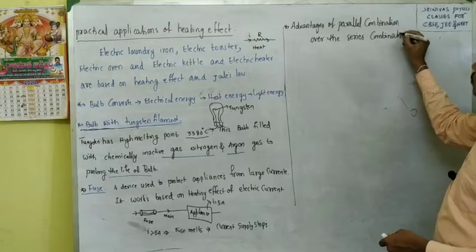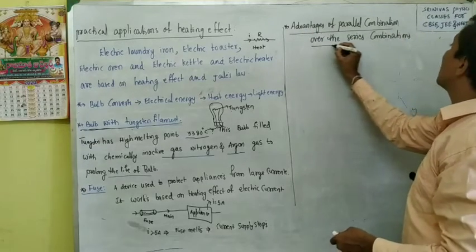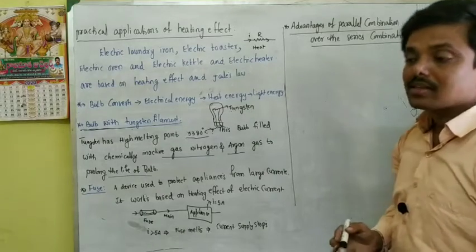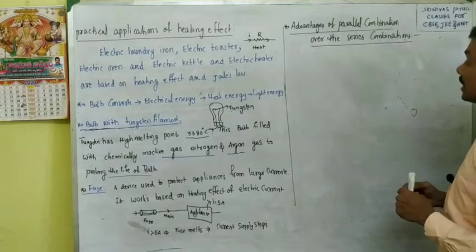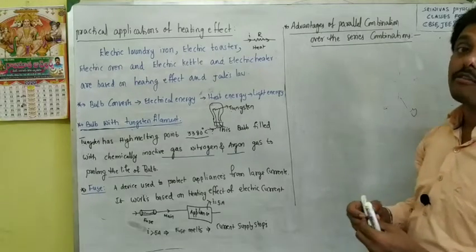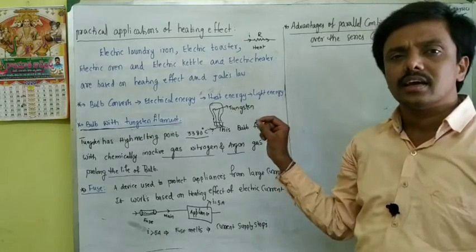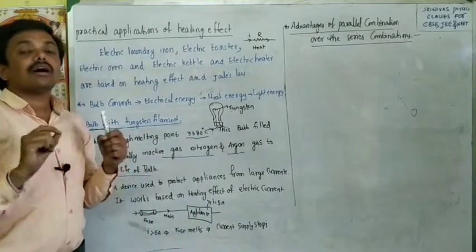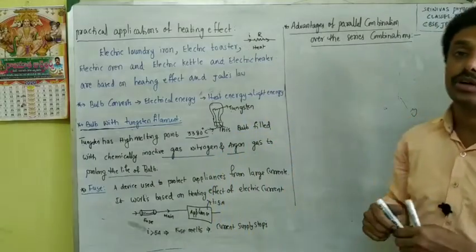Whether all the household appliances, TV, fridge, bulbs, fans, are connected in parallel or series in our home: everywhere we connect them in parallel. Why do we connect in parallel? Because in our home every appliance requires the same potential difference, that is 220 volts.